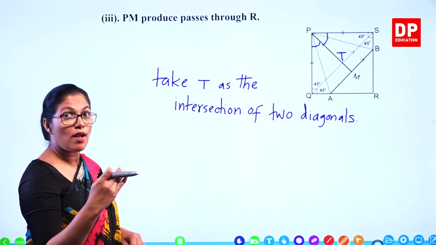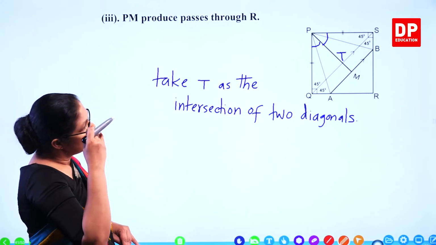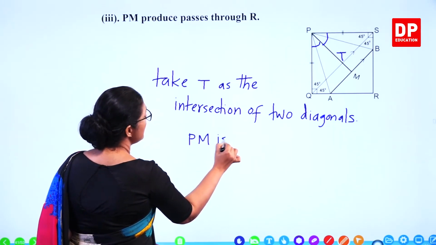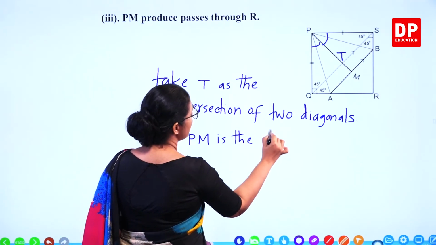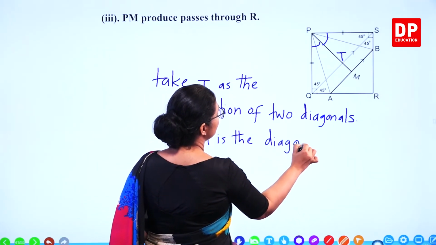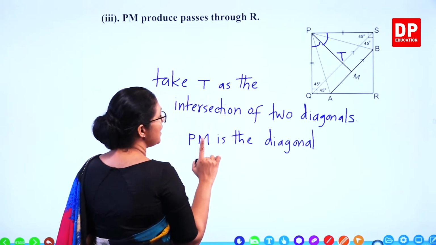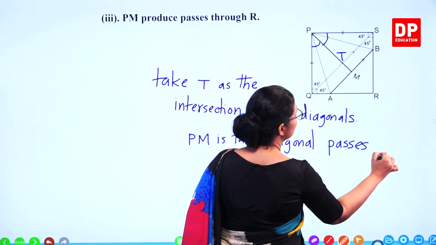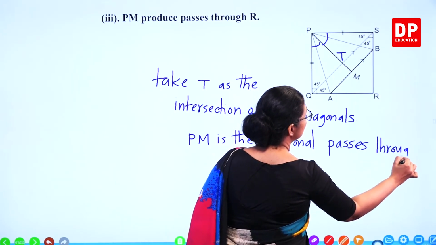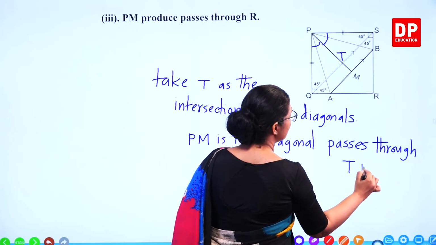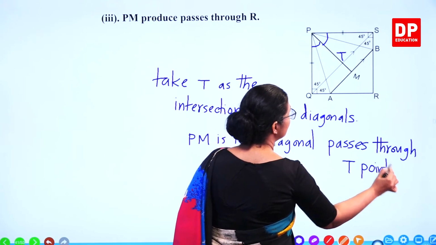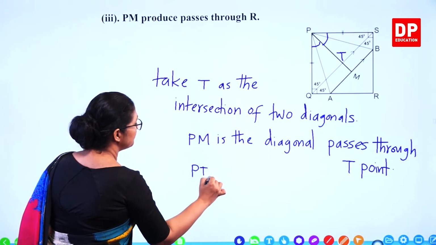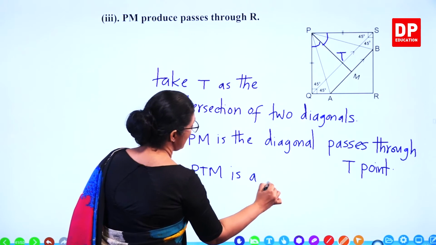So diagonal is always bisecting the angles. So we can say we proved that PM is the diagonal. And that PM diagonal passes through T point. So we know that PTM is a straight line.